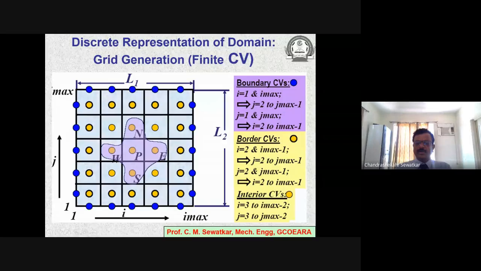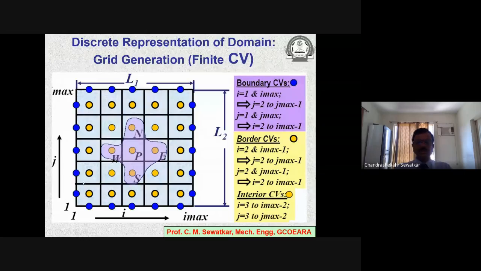For interior control volumes, pure interior, excluding border, I is equal to 3 to I max minus 2 and J is equal to 3 to J max minus 2. These are interior.